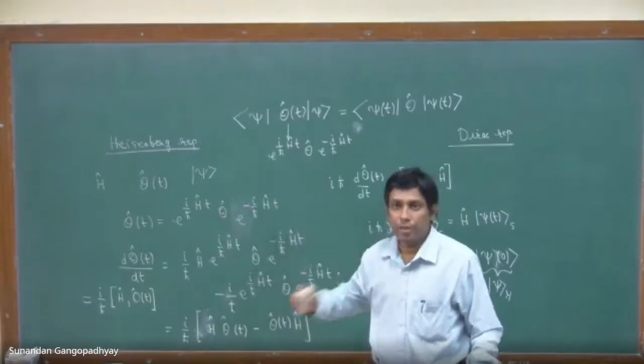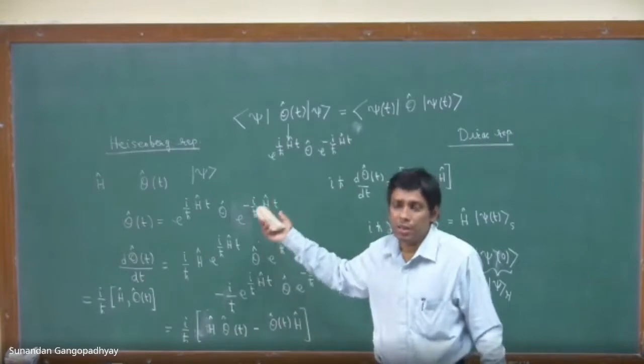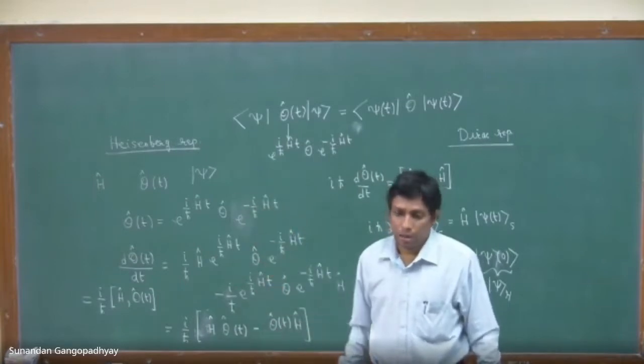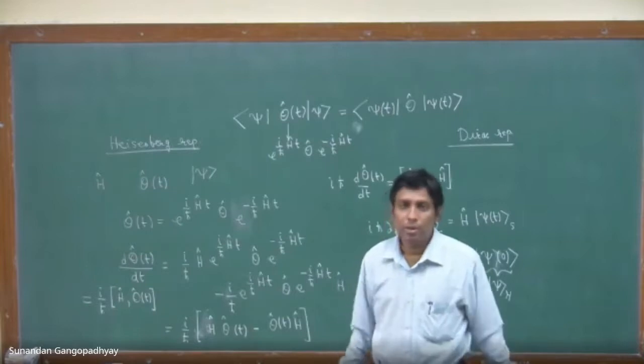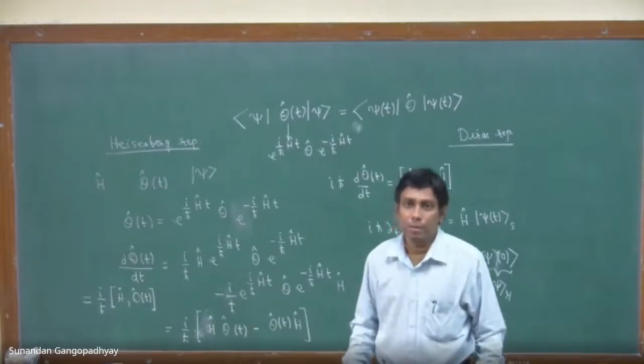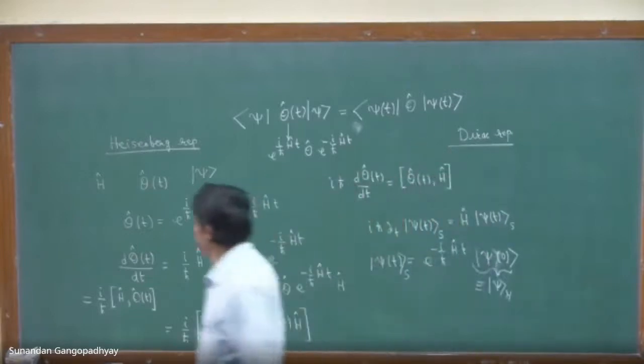Schrodinger representation you can still write down, or you can write down quantum field theories in the Schrodinger representation, but it would be very difficult to write equations in the Heisenberg representation, and it is there that the Dirac representation comes to be very handy.